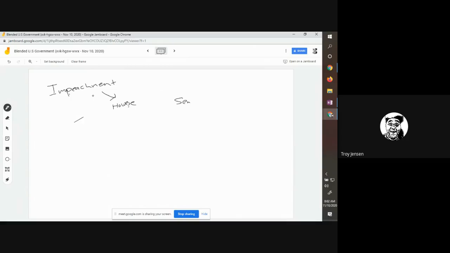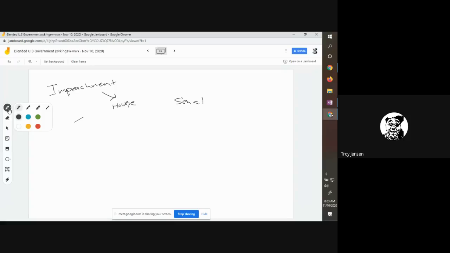During an impeachment, whether it is a Supreme Court justice or the President of the United States, if the impeachment process is to begin, the investigation starts in the House.